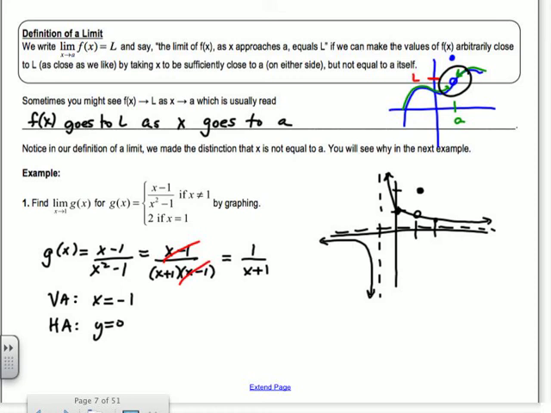All right. So the question is, what is the limit as x goes to 1? From the left and right, what number am I getting closer and closer to?